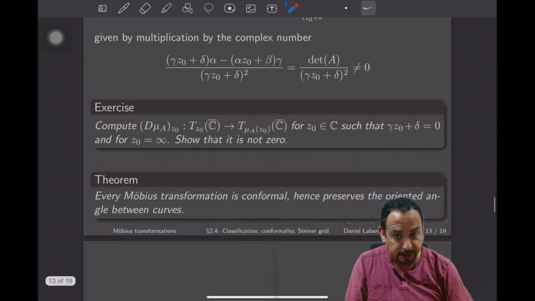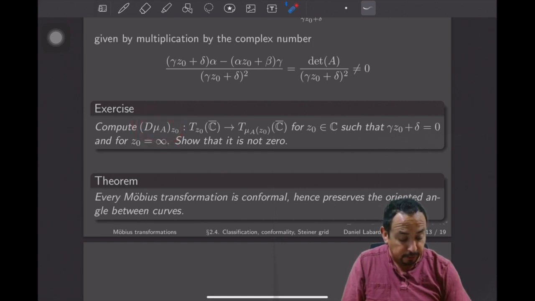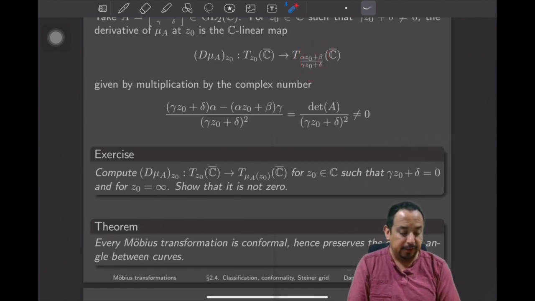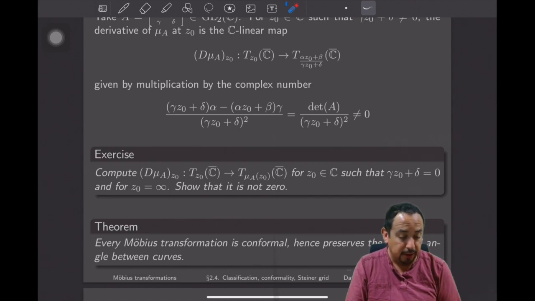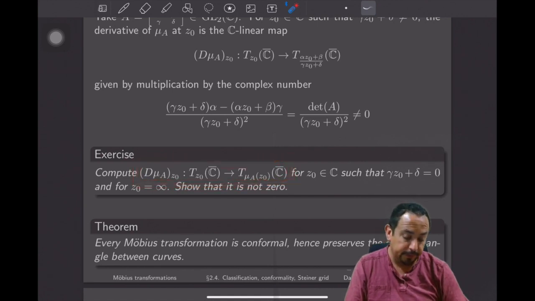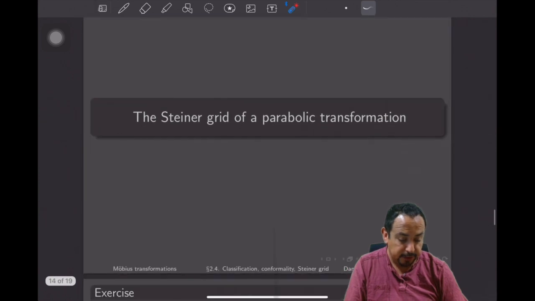And now the hard part would be to compute the derivative for Z0 equal infinity, or for Z0 with the property that its image under the Möbius transformation is infinity. And this I leave to you, so that you practice your differential geometry definitions.